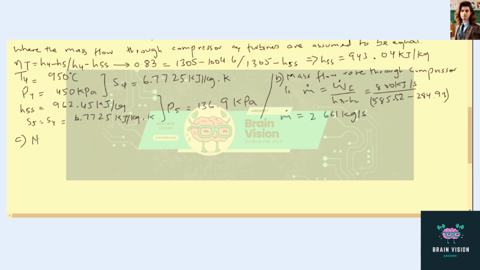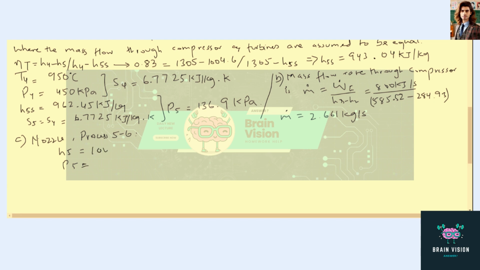Now working for a nozzle, during the process 5 to 6, H5 and P5. Write the values.